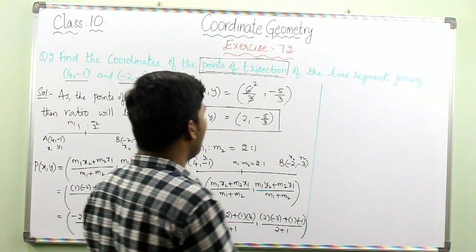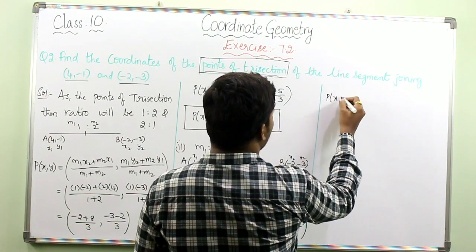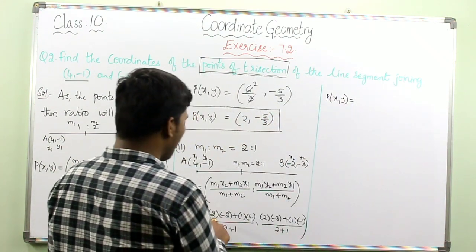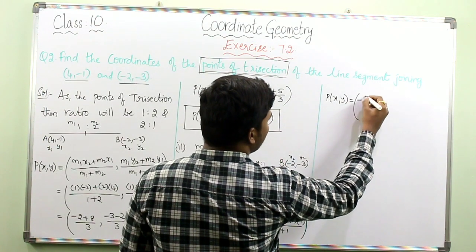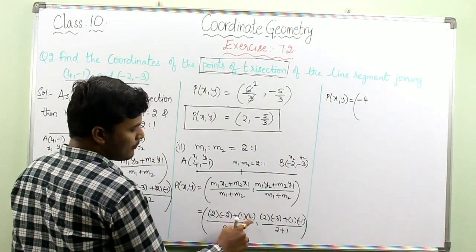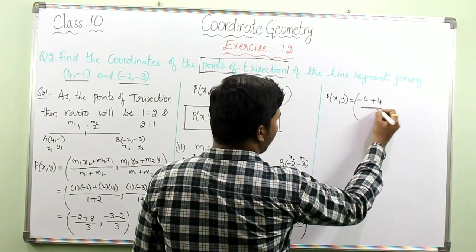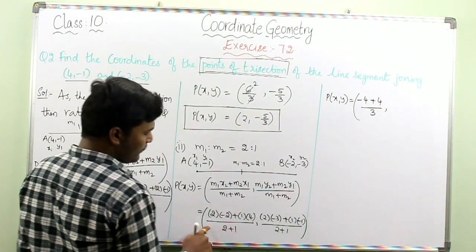So this will become P of x comma y is equals to 2 2s is minus 4, okay, plus 4 divided by 2 plus 1 is 3, right?